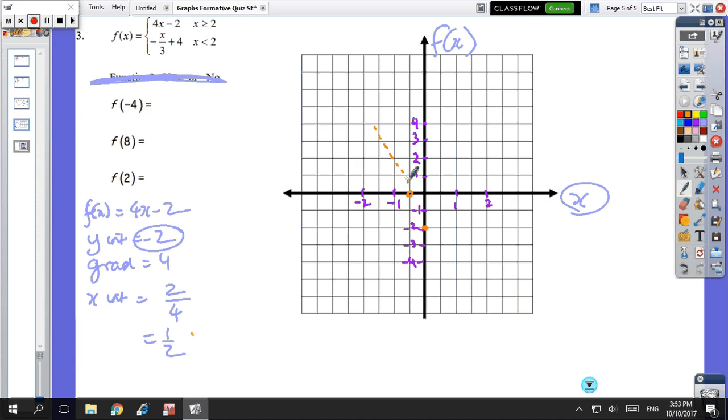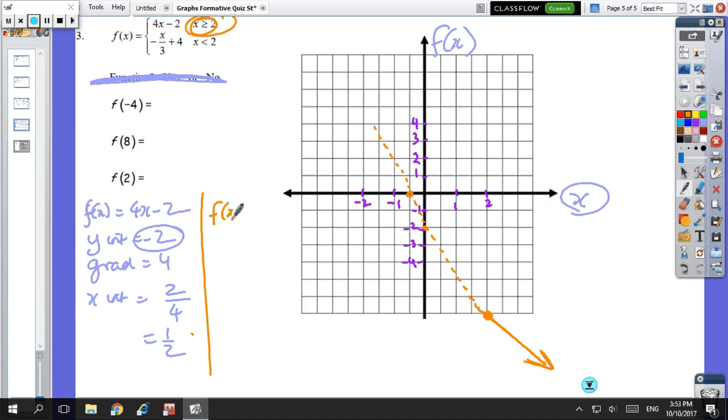So the line's going like that. And this line is for x greater than 2, so it's a bit dodgy, but the line is that way. It only starts there. It's got an equal sign, so I can colour in that circle, and it goes that way. So again, a better use of scale would have been good.